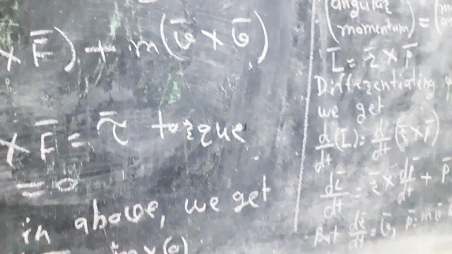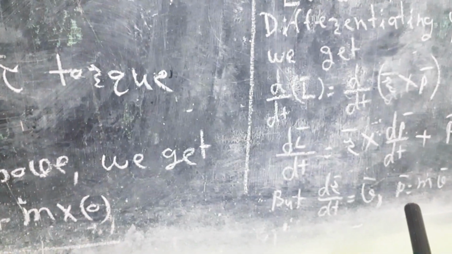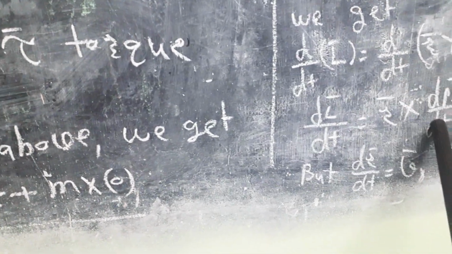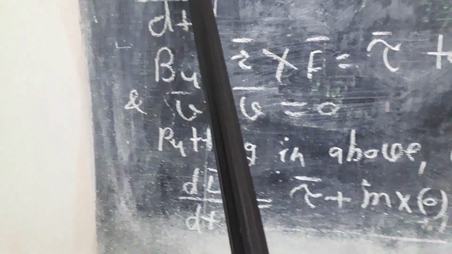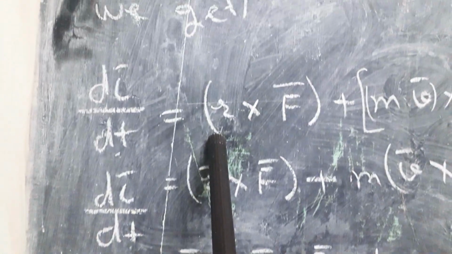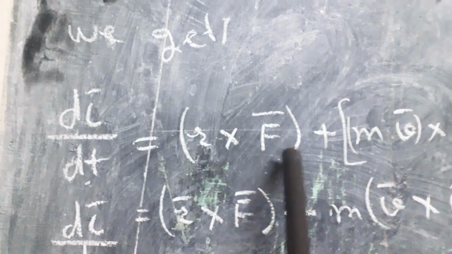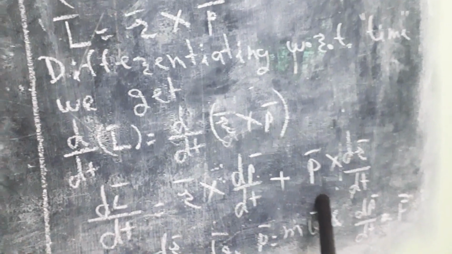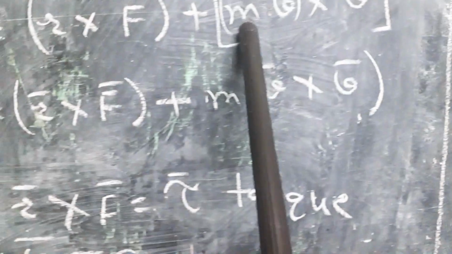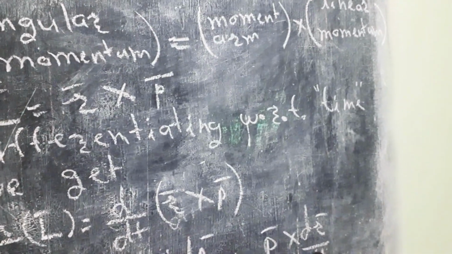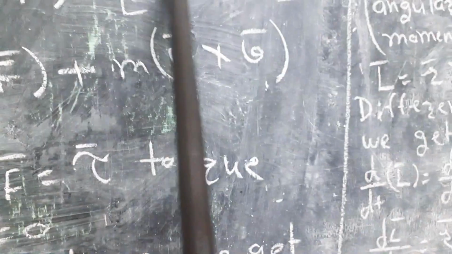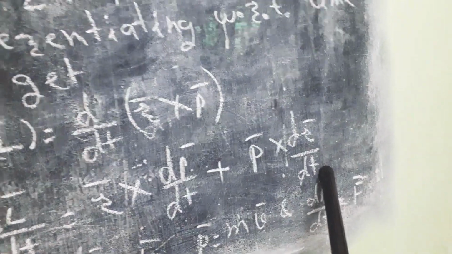So in place of dp upon dt, we write F. We get dL by dt is equal to r cross F bar plus, now in place of p, we write m into v bar, and this term as it is. So we get mv bar cross v bar because dr by dt is equal to v bar.